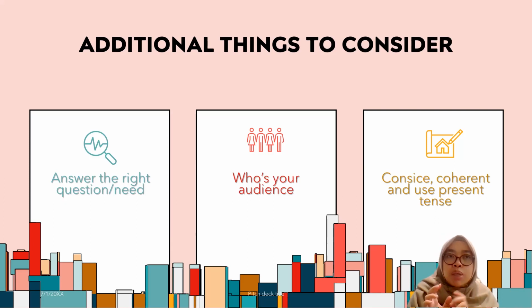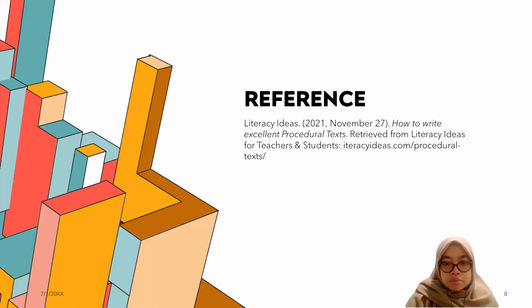So be careful on that ya. Jadi and use present tense again. So you don't have to think about other tenses. Focus on present tense. This is the reference that I use. You can check it in this link.